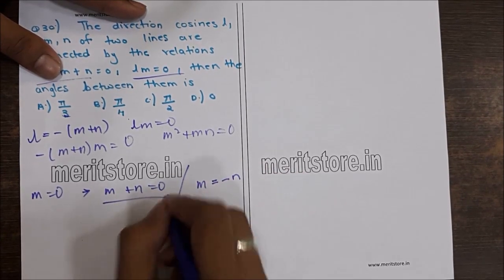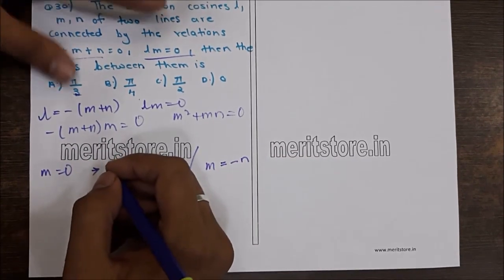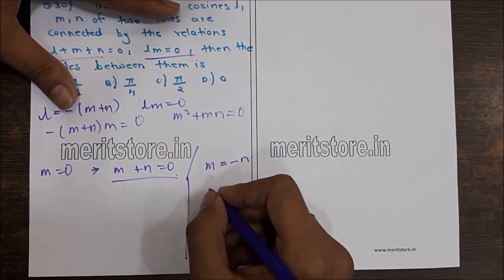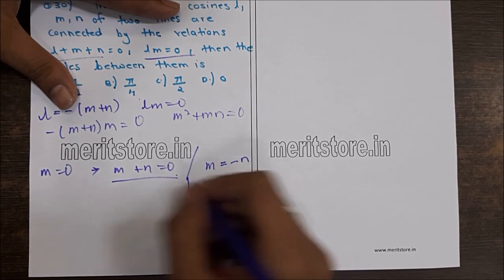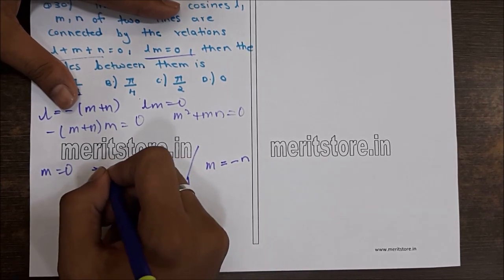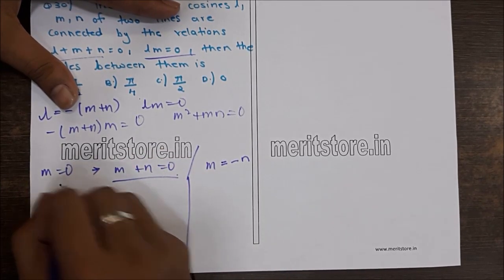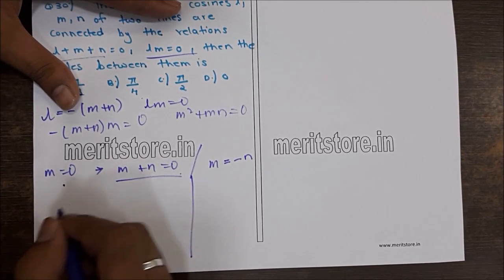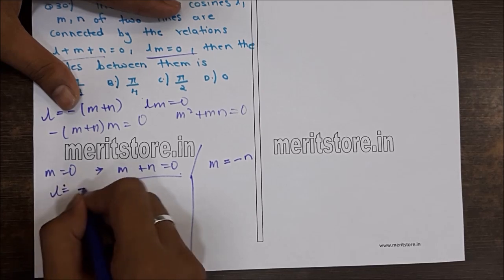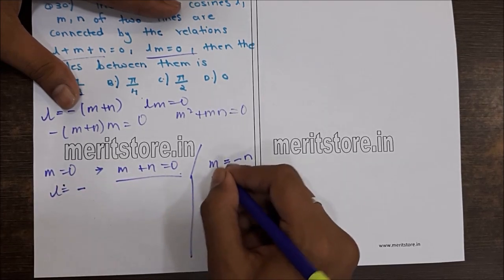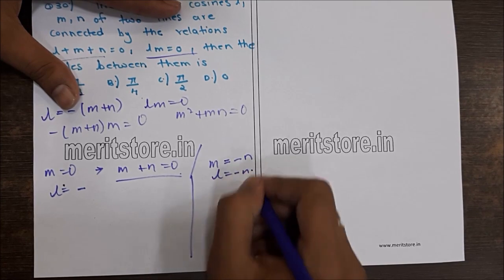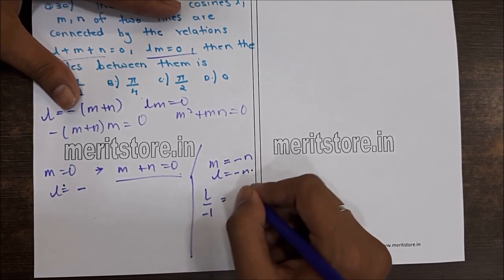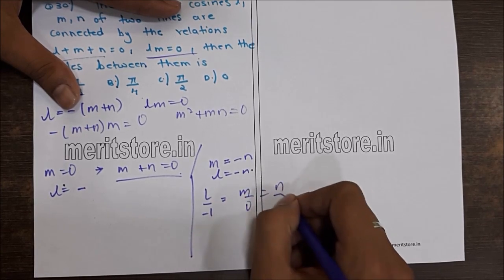Now let us consider this case. So considering this, we will get, okay, so here M is equal to 0 and L plus N is equal to 0, right? So here we'll get L is equal to minus N. So here we'll get L by minus 1 is equal to M by 0 is equal to N by 1.